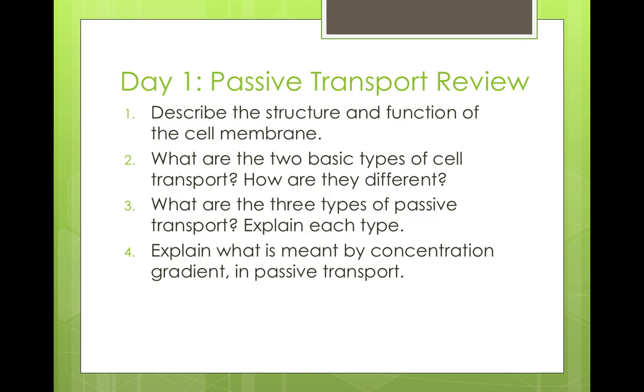And osmosis is the movement of water across the cell membrane. The last one here is to explain what is meant by the concentration gradient. That's when molecules are moving from a high concentration to a low concentration. That's what's meant there. And of course, no energy is required.